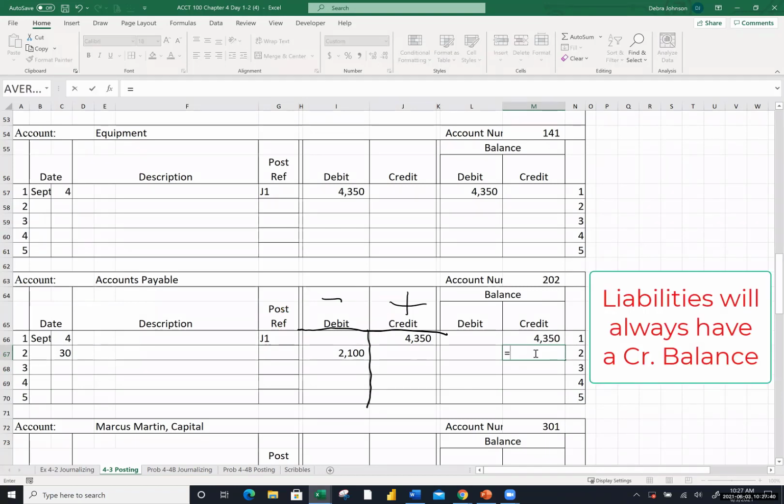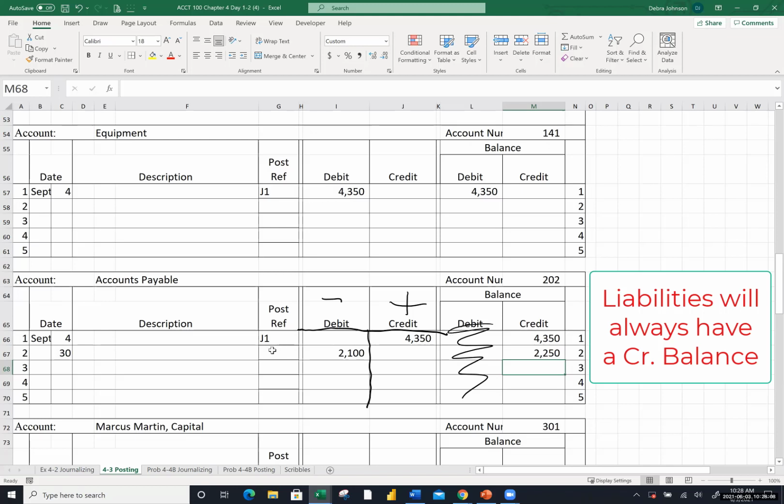So I'm going to come over here and my math is 4350 minus 2100. So I now owe debt of 2,250. You'll never use on the balance that debit column because all liability accounts have to have a credit balance. Hope that answered it, Ulysses.